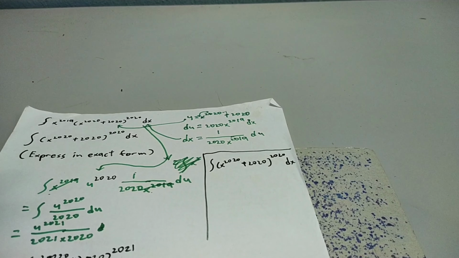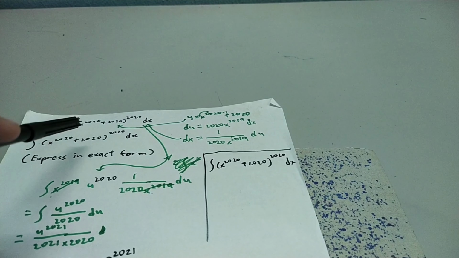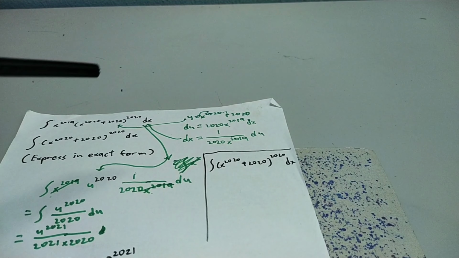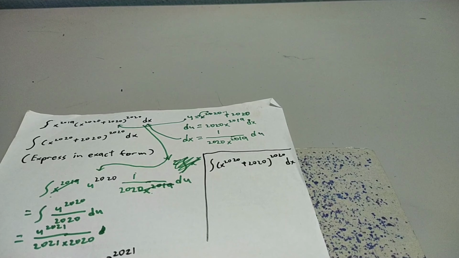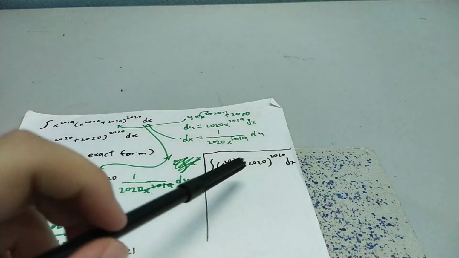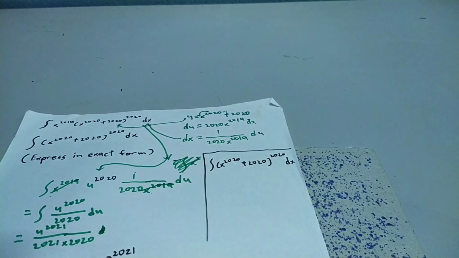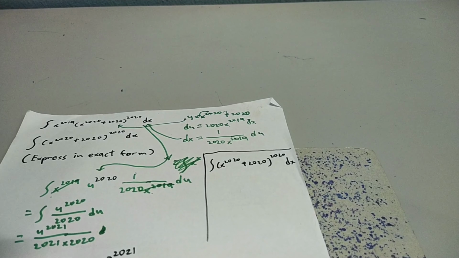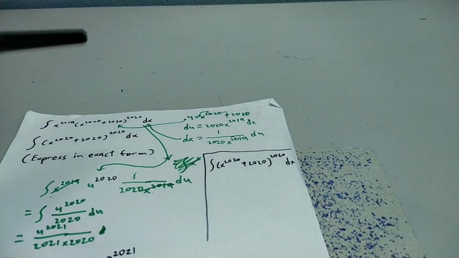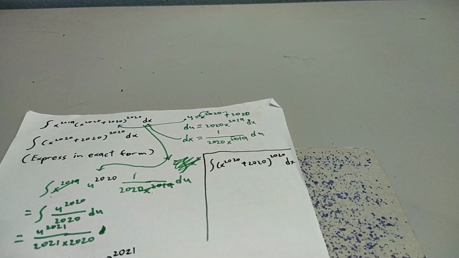But don't go too far first, because if expressed in exact form, it means that when you expand, you are going to expand every single term in this expression, and then integrate each of them. You don't want that, right? Because it will take hours or even days to complete just one integral. So we don't want that.